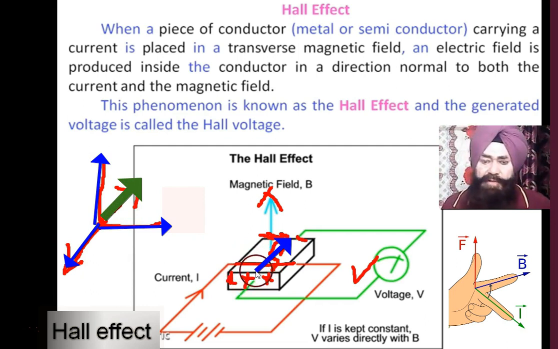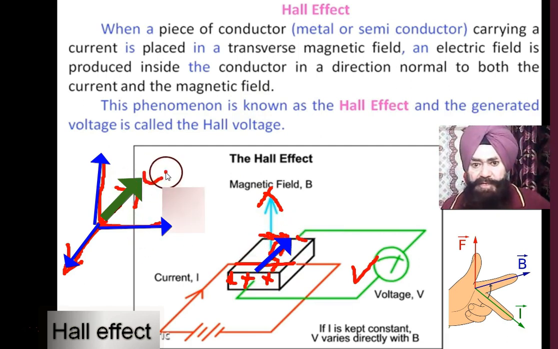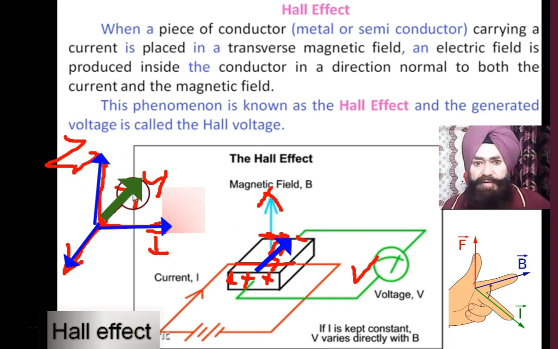So the electric field will be established positive to negative, maybe negative y, no problem. Current along x, magnetic field along z.